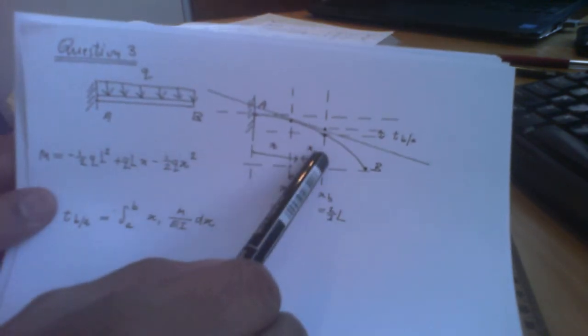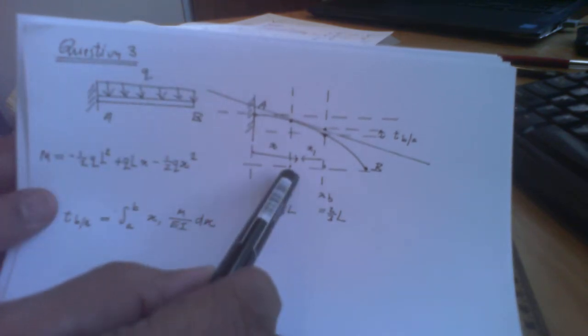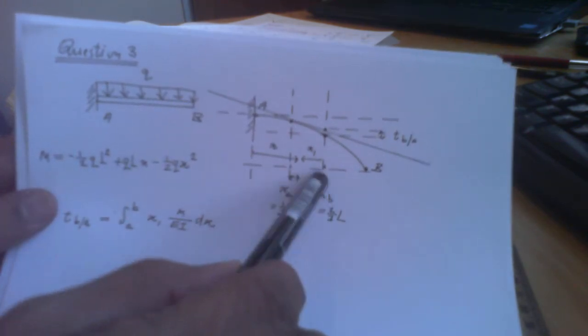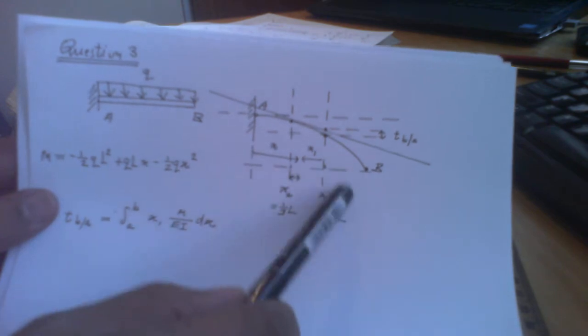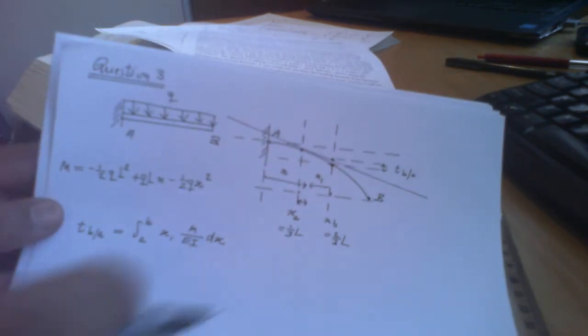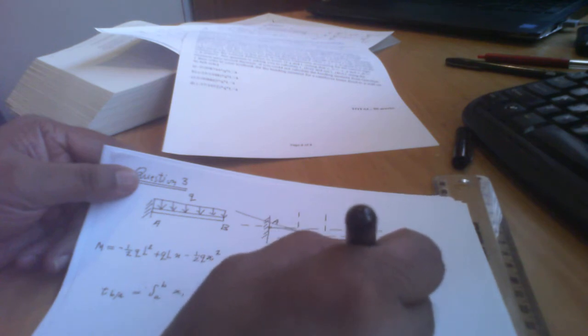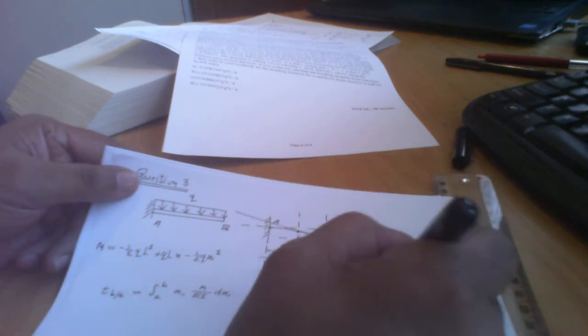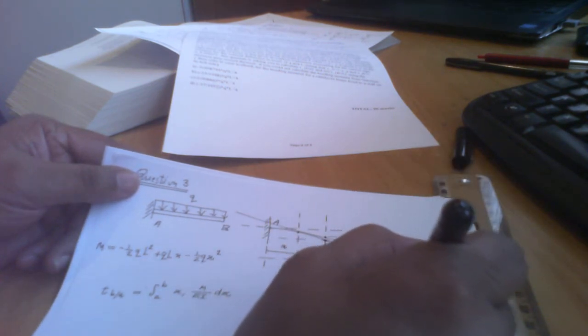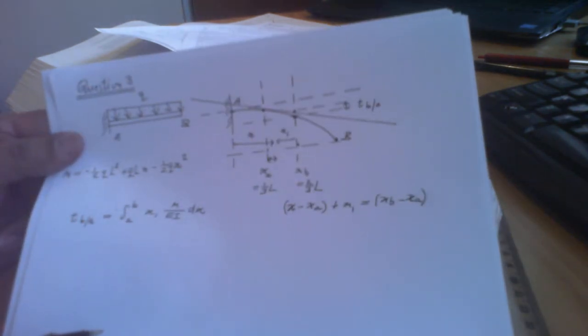We would add the x1, and that would equal the total distance between the two of them, between A and B. So according to this diagram, what we would have is x minus xa plus x1 is equal to xb minus xa. We can use that to solve for x1.